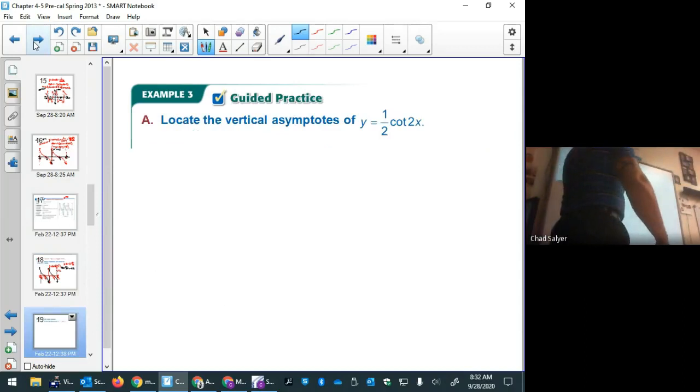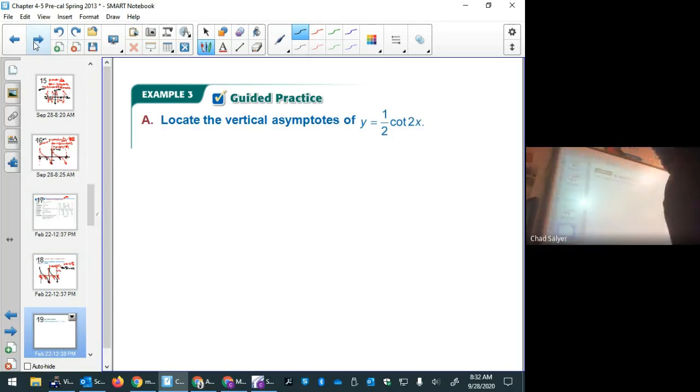All right. So here's one for you. See if you can tell me where the vertical asymptotes of this function are. You don't have to sketch the graph or anything. Just tell me where the VAs are.